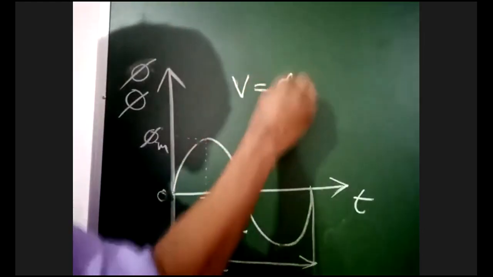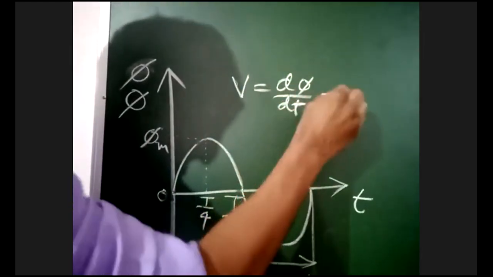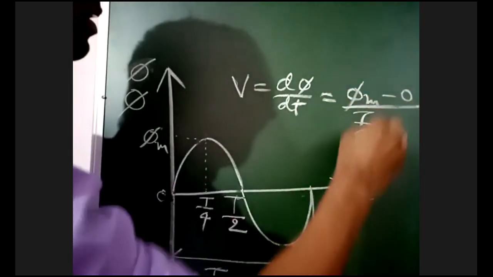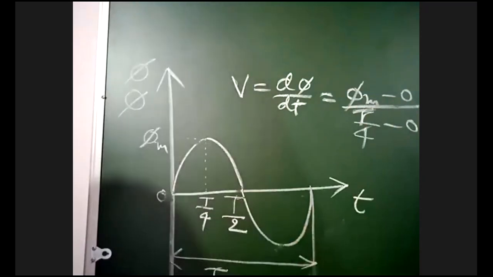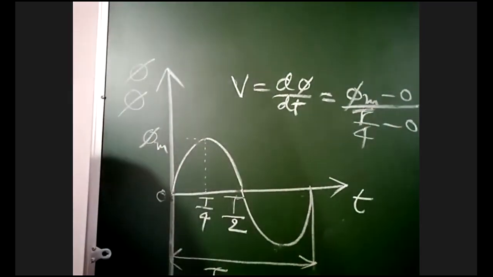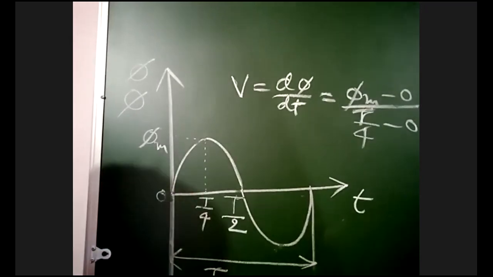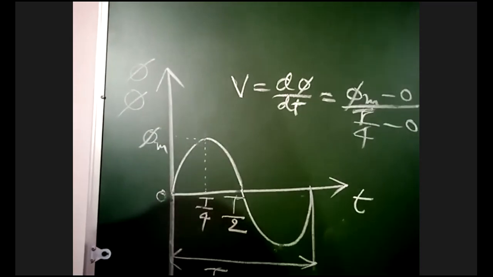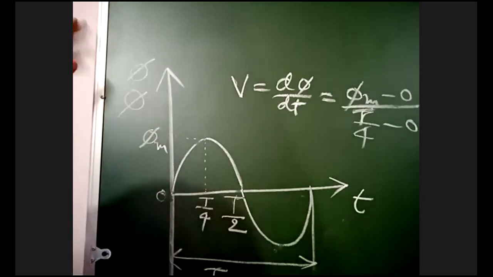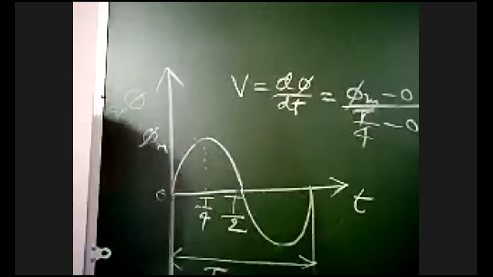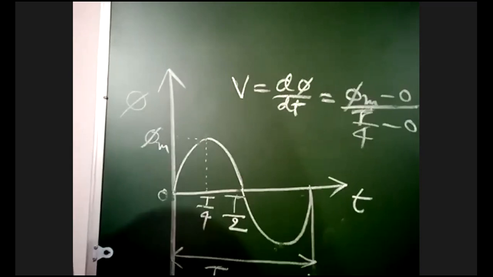I'll write here: V is equal to d phi by dt, that is phi m minus 0 by T by 4 minus 0, from 0 to T by 4. Okay, this is the voltage induced in the coil. Is there any doubt in the graph and this equation? No, sir. Okay, until this it is clear.